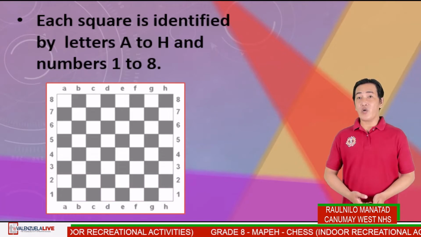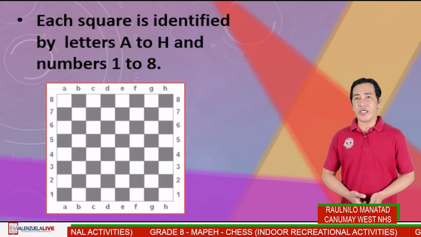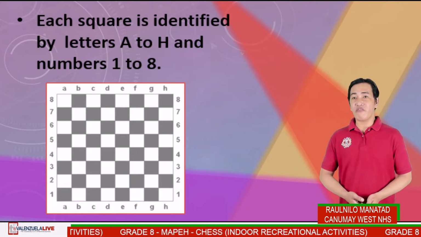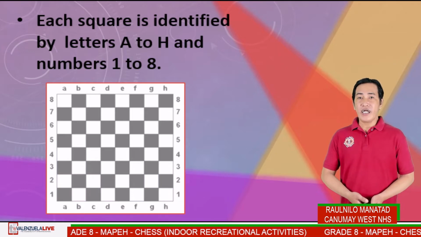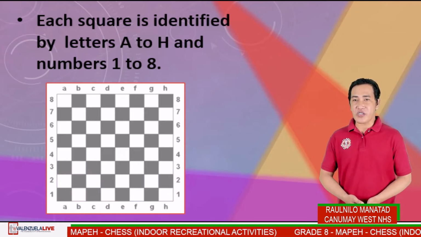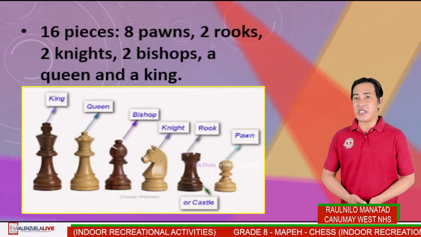There are 8 rows of squares called ranks, denoted with number 1 to 8, and 8 columns called files, denoted with letter A to H. There are a total of 64 squares. Chess has 16 pieces.